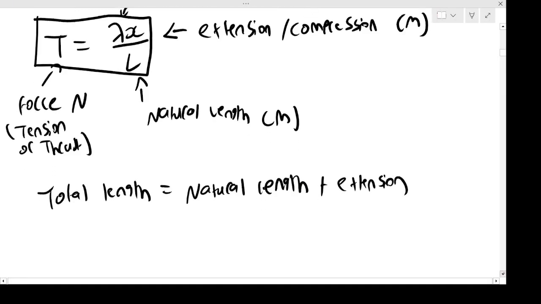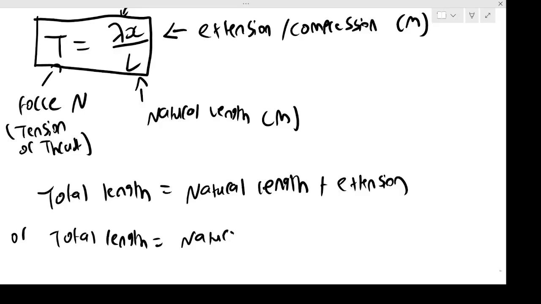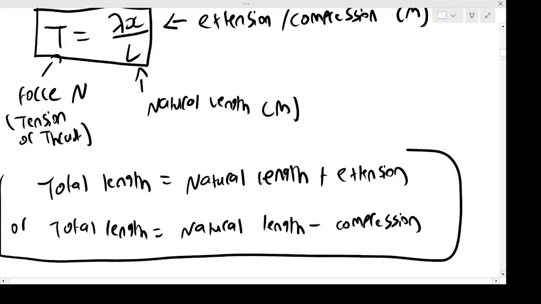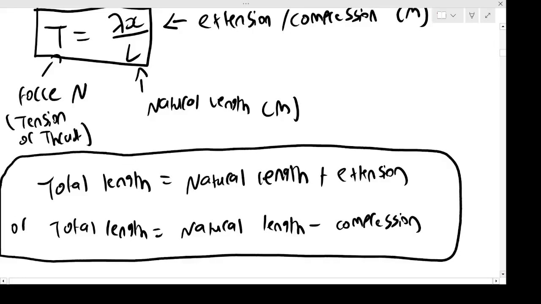Or instead, if we compress it, so we shorten the string, in that case the total length is going to be the normal length minus the compression. There we are.